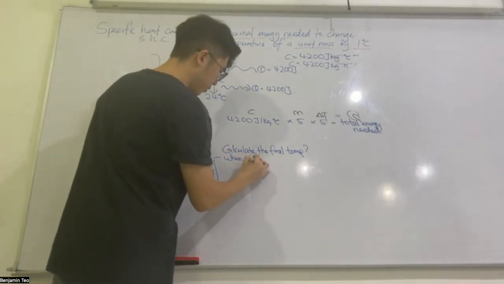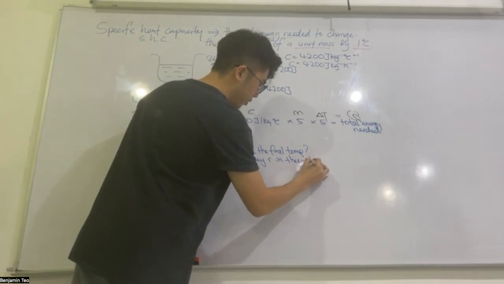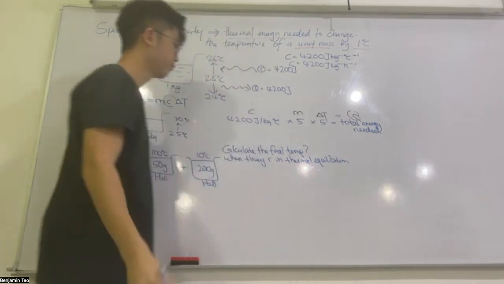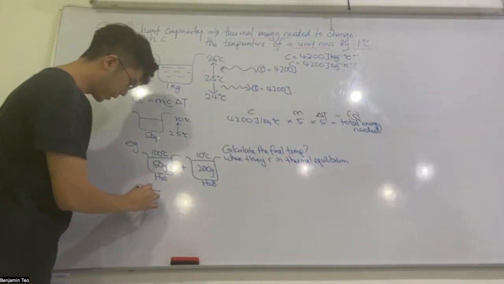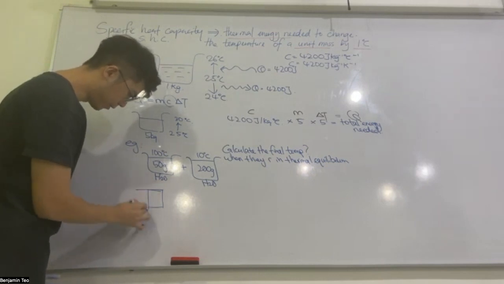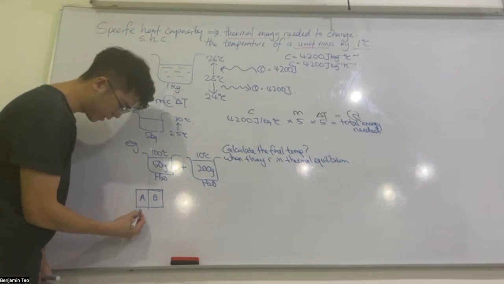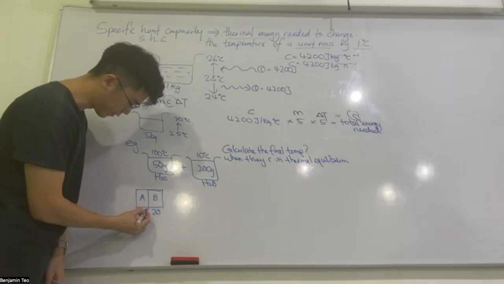What is thermal equilibrium? If you've got 2 objects touching each other, there will be heat flowing from one object to the other one. Let's say this is 18, this is 20, temperature.